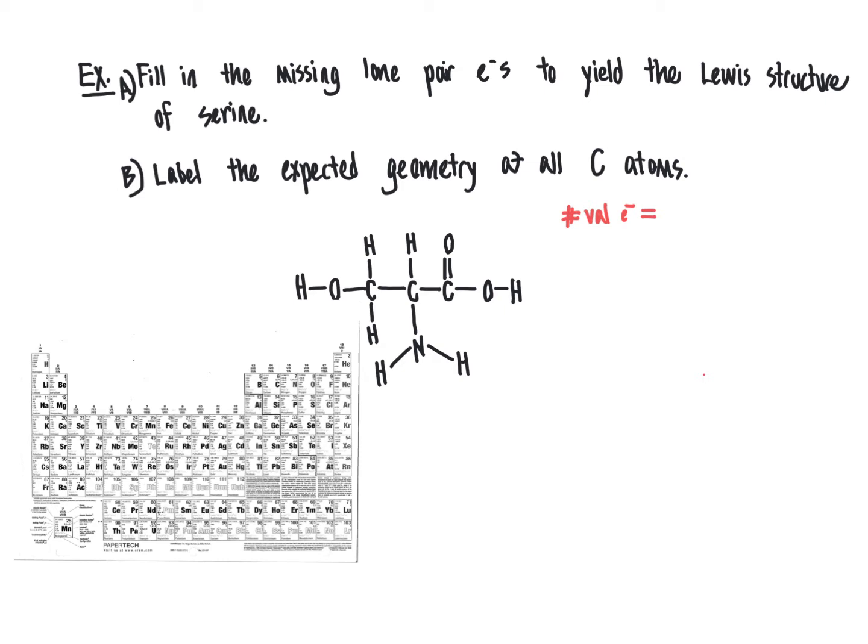Calculating the number of valence electrons, we'll begin with our carbon atoms. Looking at the structure here, we have a grand total of 3 carbon atoms. To determine the number of valence electrons that each of those carbon atoms contributes, we look at the column of the periodic table that carbon is in. I'm numbering my columns of the periodic table right now to facilitate us in doing that.